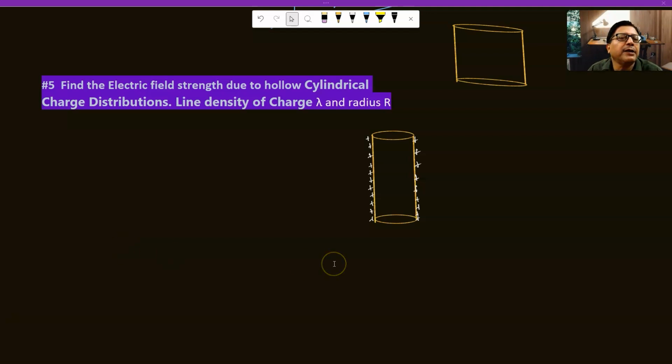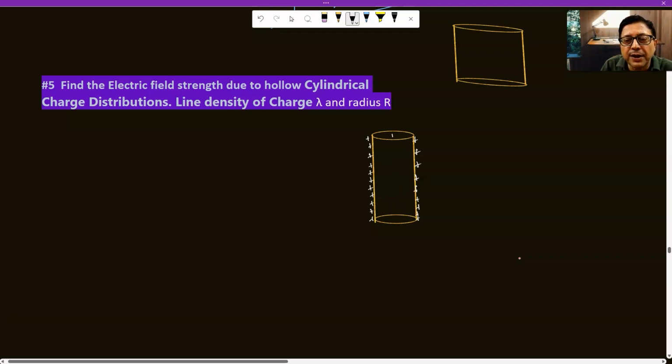How electric field due to a hollow cylinder varies, that we want to discuss here. So this is a hollow cylinder. It's a large hollow cylinder. Its axis is in this direction only.